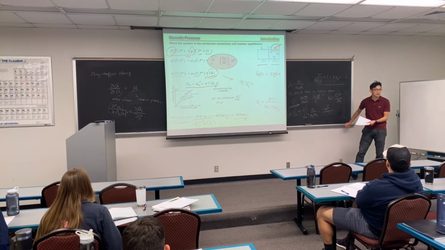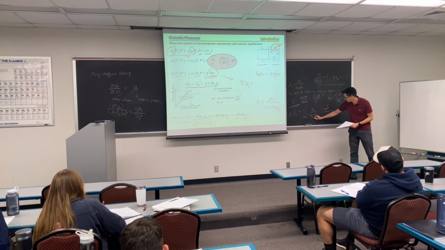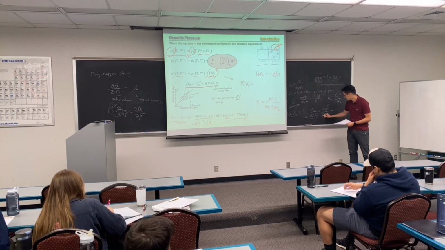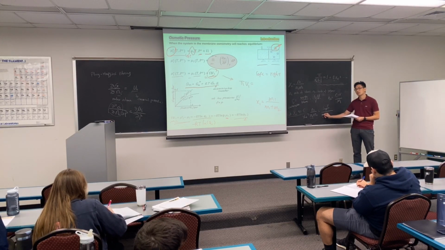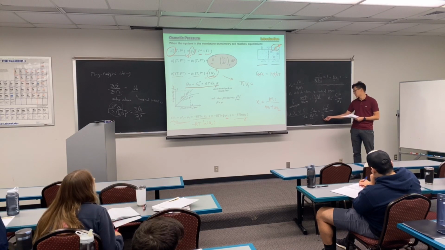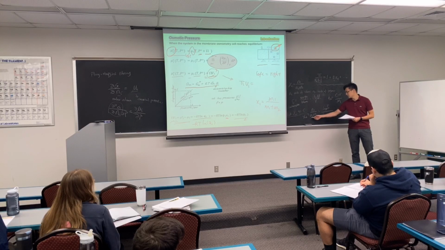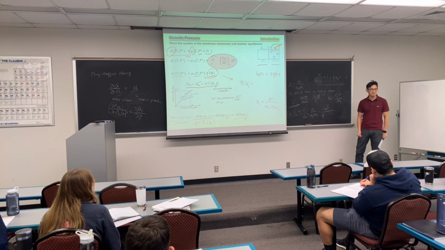That means how much volume a mole of solvent would take up. This is the volume of the whole system, and this is the molar volume of the solvent. By definition, 1 mole of your solvent equals a given volume. So if you divide these two, it gives you the moles of your solvent, right?